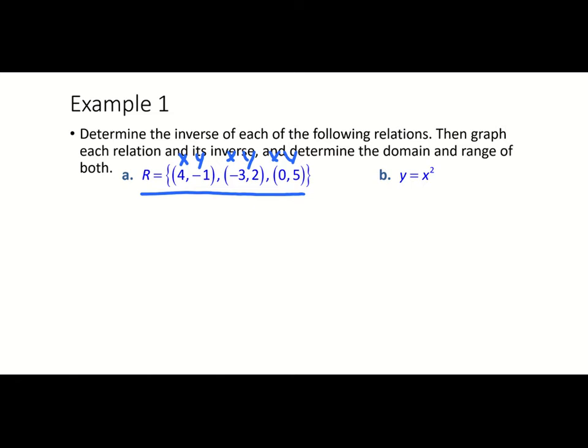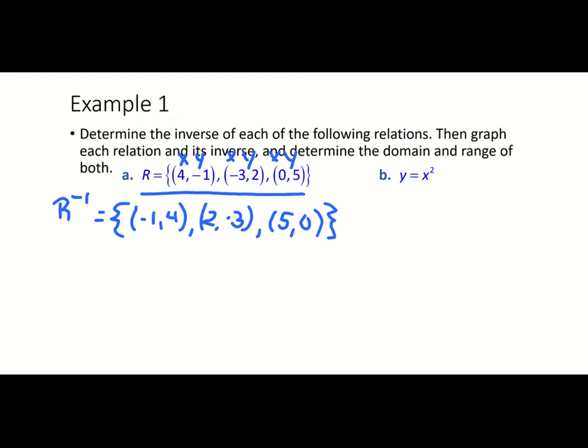So that means the inverse of r, or r to the -1, remember that's our inverse notation, would be the ordered pairs -1, 4, 2, -3, and then 5, 0.